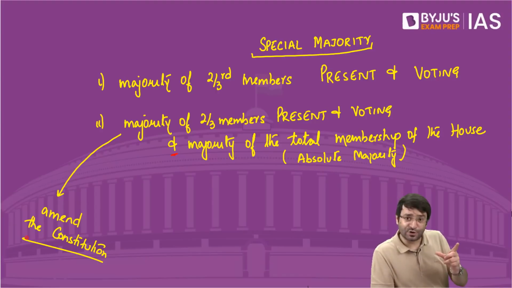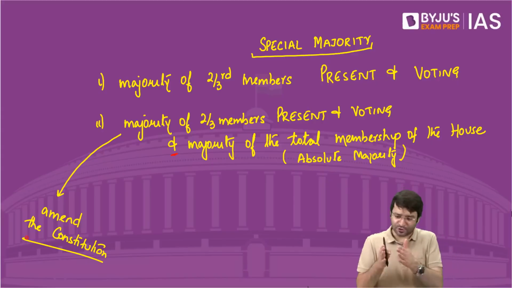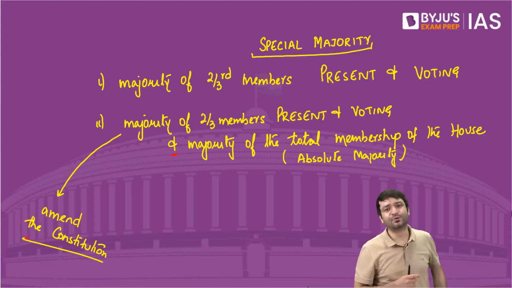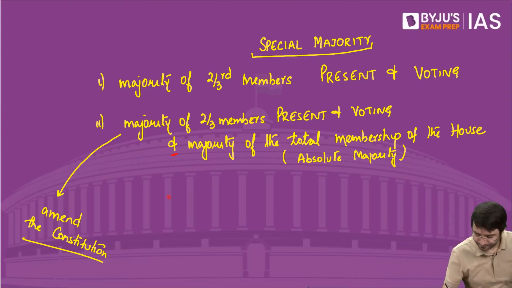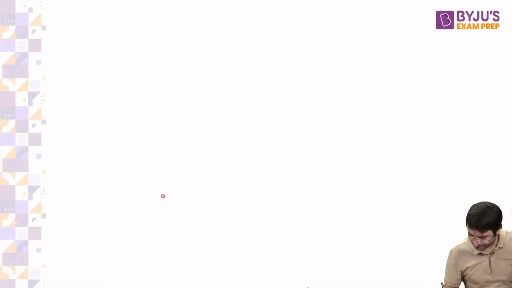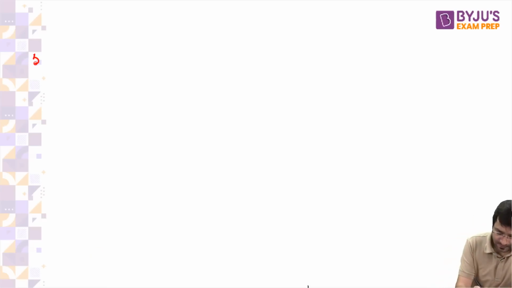But to amend the Constitution requires a special majority, which is majority of the two-third members present and voting plus absolute majority. How? Let me give you an example. For example, 500 is the total strength.